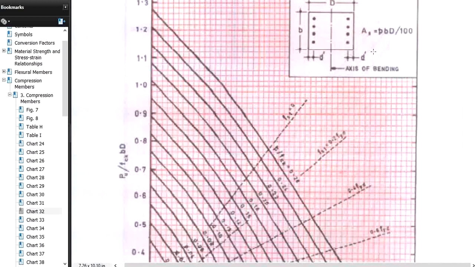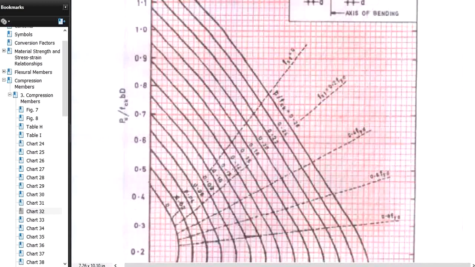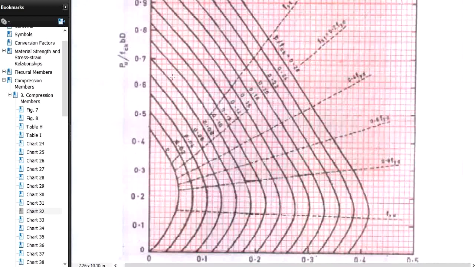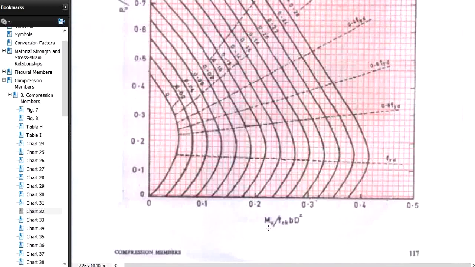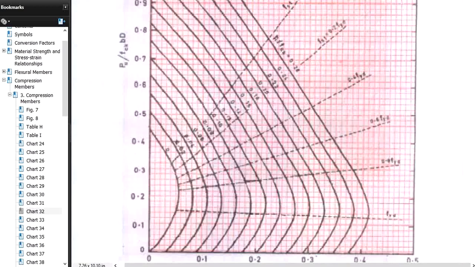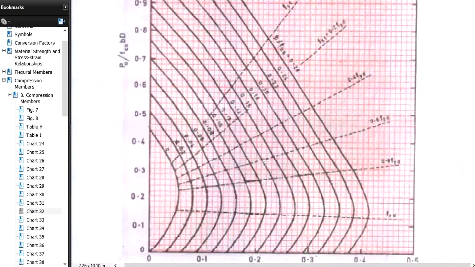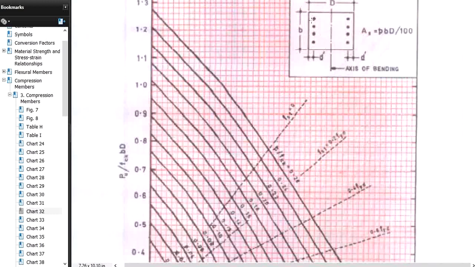Four sides I will show you in the figure and discuss later. This chart is applicable for two sides, and I need to know fck and p by fck, or else if I know Pu and Mu, I can find the percentage of steel. So this is when the reinforcements are distributed on two sides.